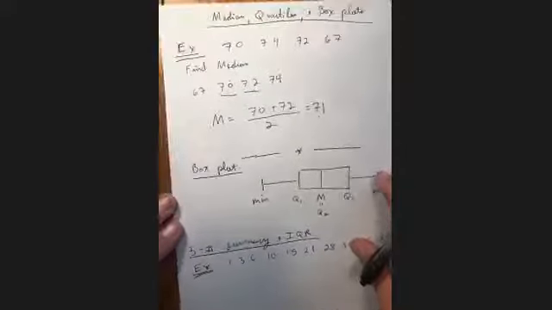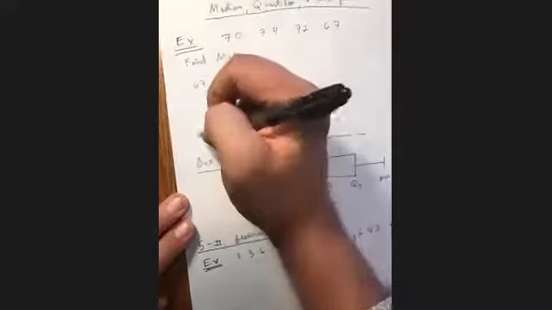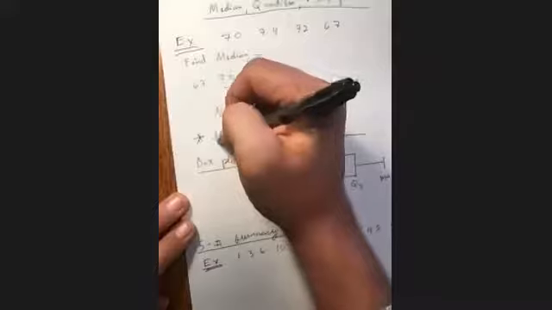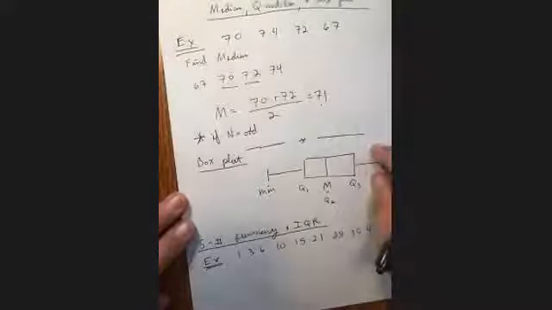Now, this is if you have an even number of data points. The only thing we have to tweak is if the total number is odd instead of even.